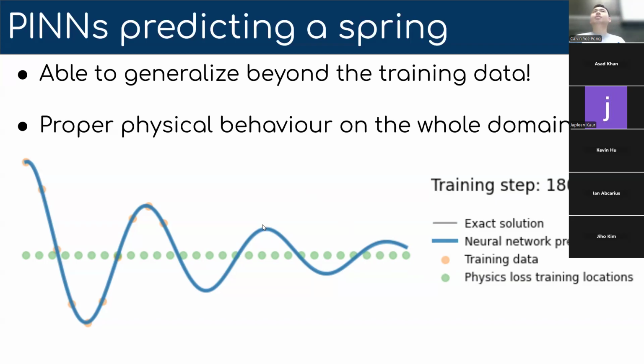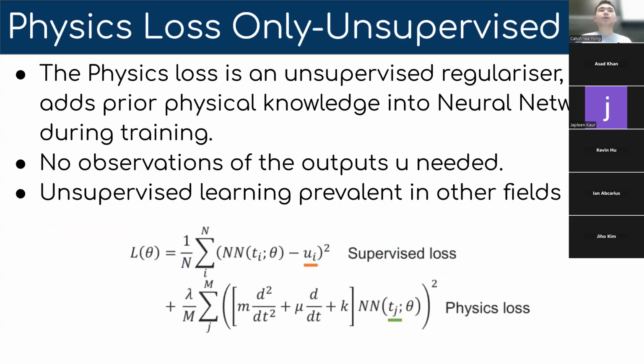This greatly helps model development, because you don't have to worry about data collection as much as in traditional machine learning methods. These unsupervised learning methods are also prevalent in other fields of machine learning, like computer vision and language processing, which is why they spearheaded those fields ahead a lot.